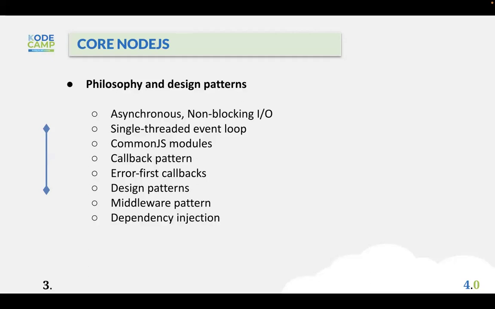So the benefits of dependency injection: it improves testability, and it encourages loose coupling, also flexibility. So by injecting dependencies, you can easily mock or stub dependencies during testing. So it allows you to isolate and test the behavior of your object without relying on external factors.